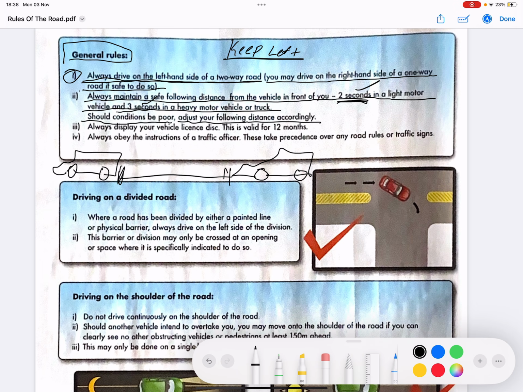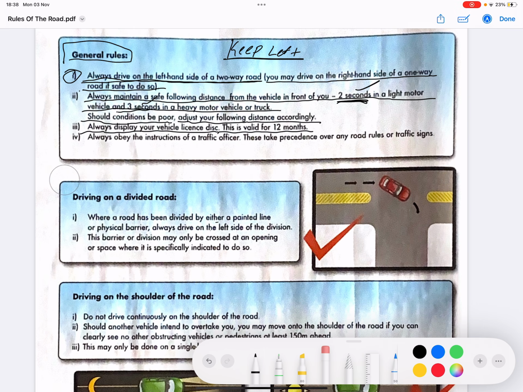Then they say, always display your vehicle license disc. The license disc of your vehicle is valid for a period of 12 months. Listen, I'll repeat this.